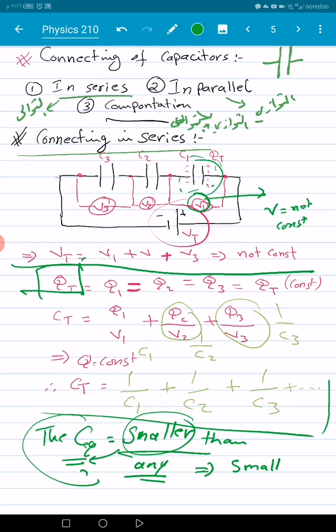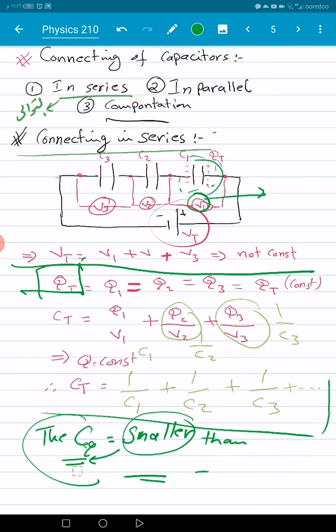So from the general equation, C is equal to Q over V, you can find the equation. So the C equivalent is equal to 1 over C1, C2, C3, any capacitors that you have in the circuit.